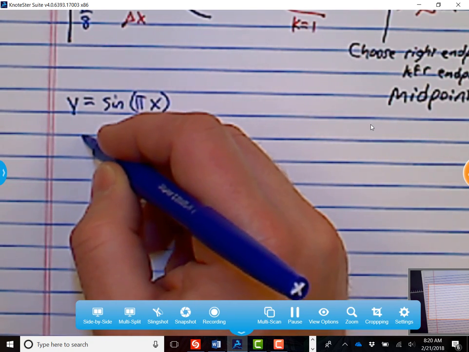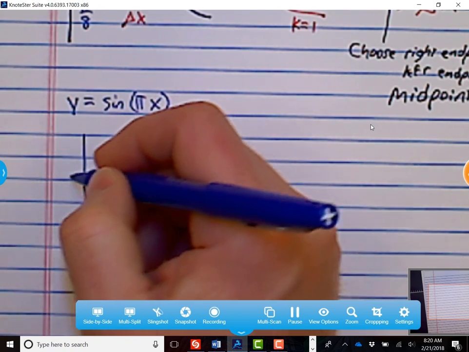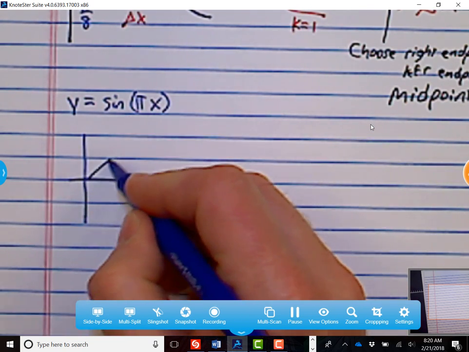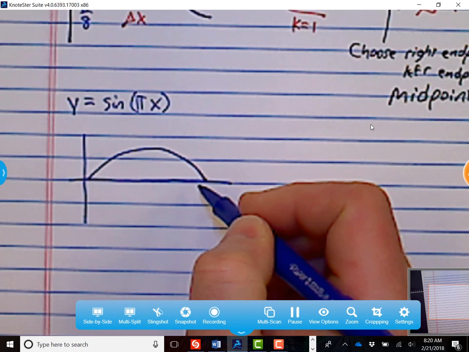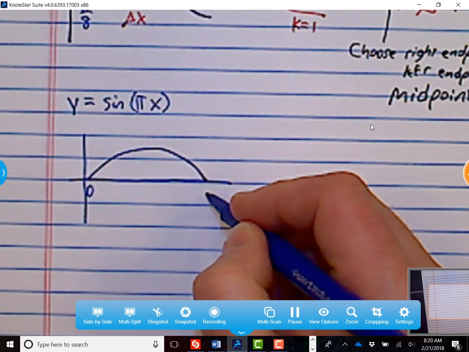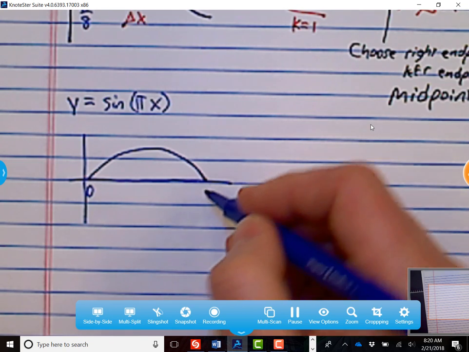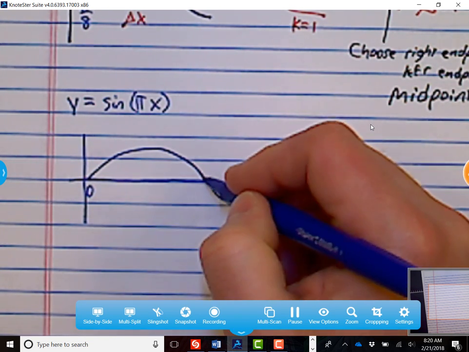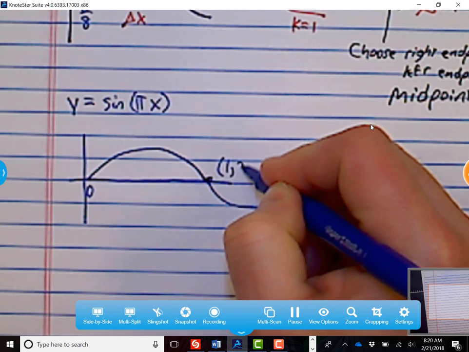And I guess what's nice about that is now the curve goes from 0 to what? Well, 0 to 2 would bring me all the way here, right? So it goes from 0 to 1.